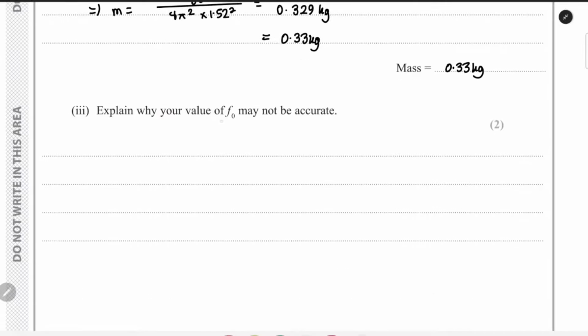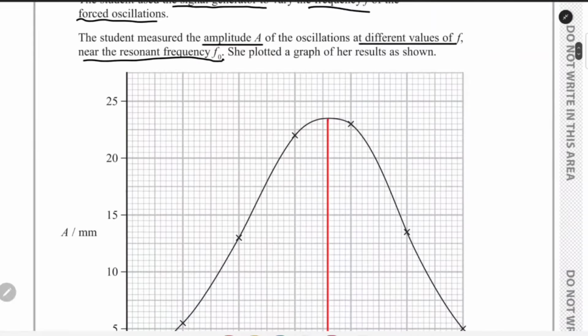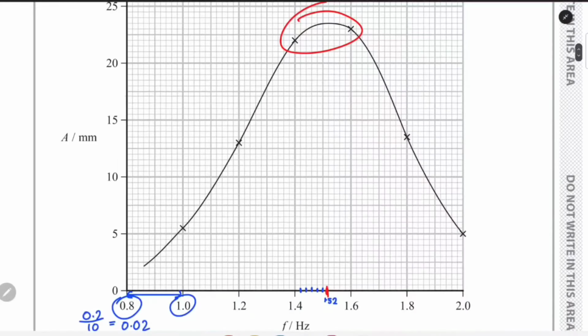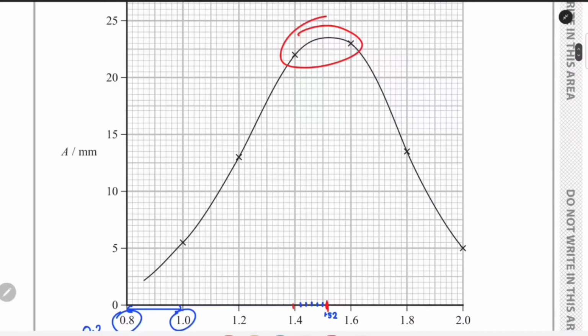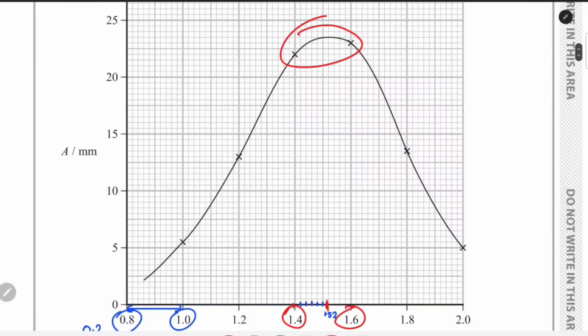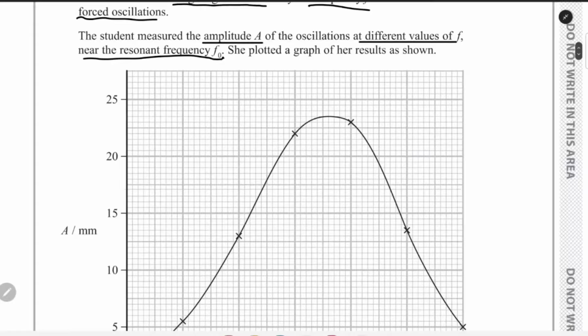Now we have to explain why our value of f0 may not have been accurate. Now if you look at the graph, there weren't a lot of points in between 1.4 and 1.6. So we didn't have any readings over here.